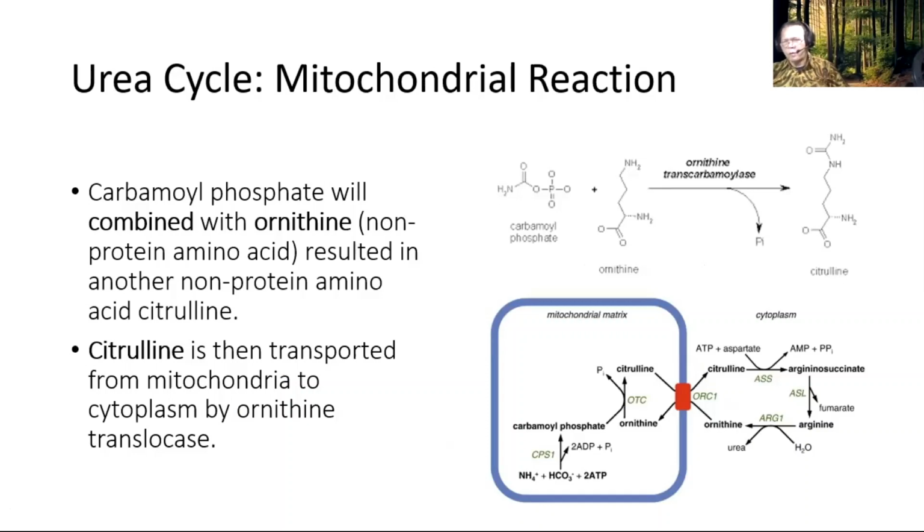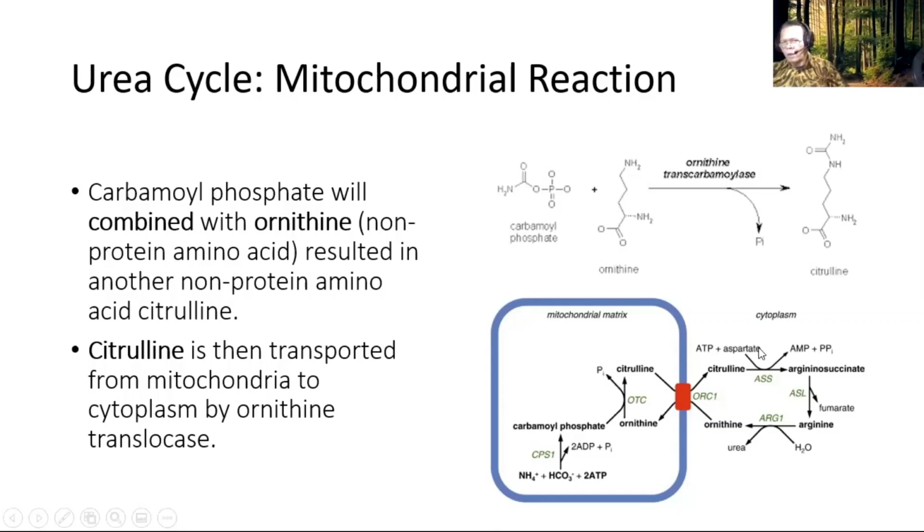Let's see this reaction. We have in hand carbamoyl phosphate, and this carbamoyl phosphate will react with ornithine, and this will convert into citrulline.